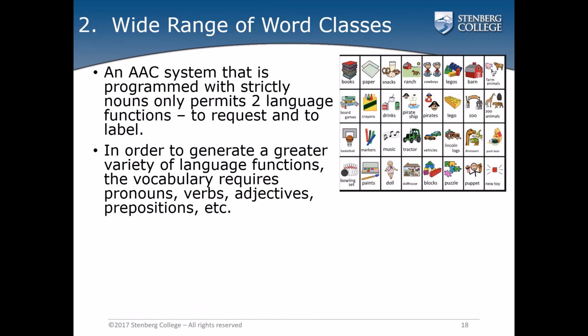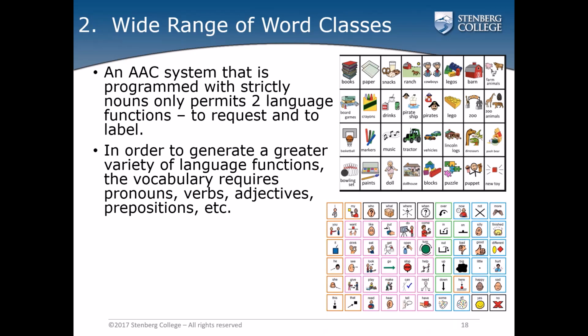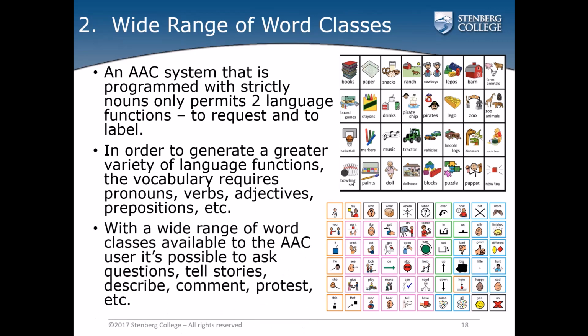In order to generate a greater variety of language functions, the vocabulary requires pronouns, verbs, adjectives, prepositions, etc. The orange buttons are pronouns, the pink buttons are verbs, the green buttons are prepositions, and so on. With a wide range of word classes available to the AAC user, it's possible to ask questions, tell stories, describe, comment, protest, etc.